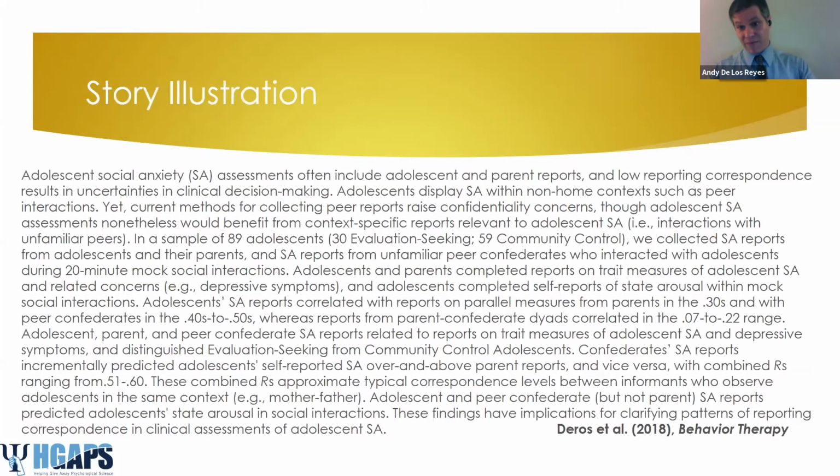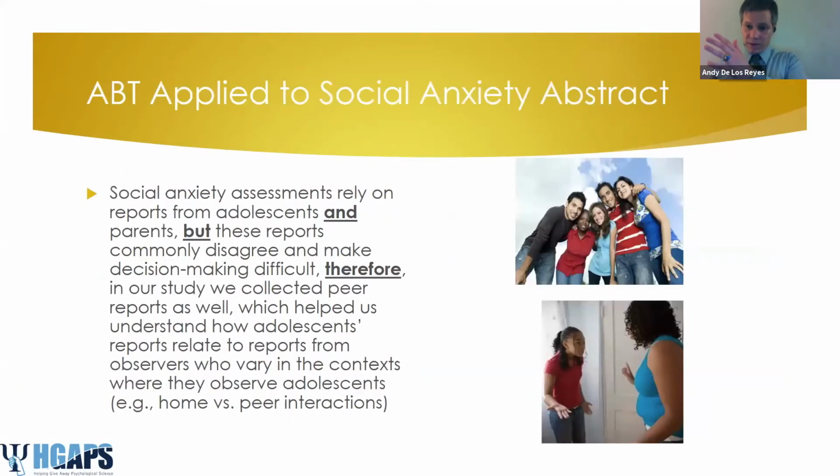So if you go back to that abstract you just saw, I'm going to expand out that sentence and do a little more. So the main pattern is fact, but then this thing, and therefore this thing, right? And so if you break it up a little bit, these social anxiety assessments rely on this informant and that informant, but when they disagree, it's really hard to make sense of them.